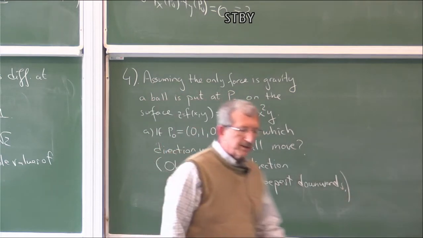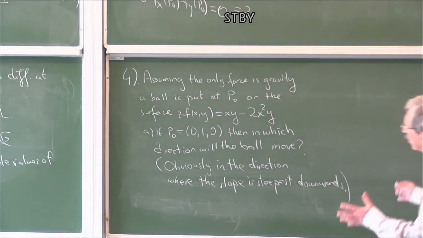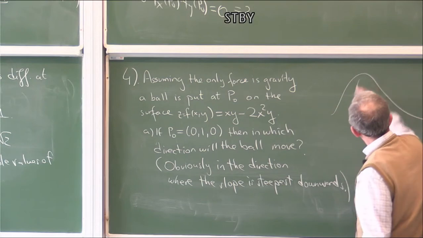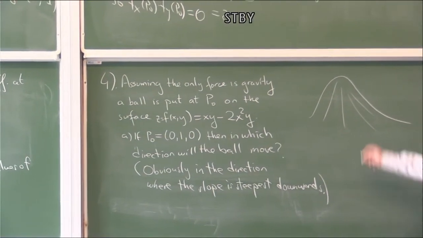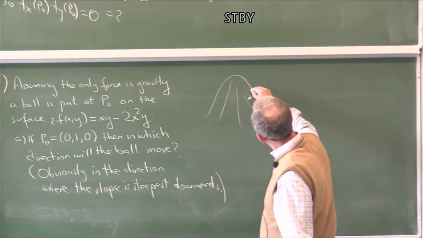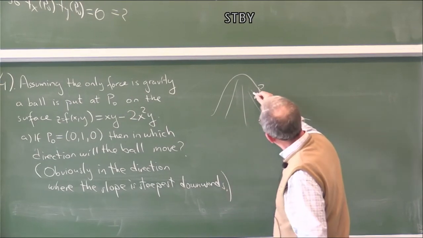Now here, let me make a short comment. What is the geometry here? It's the following. We have a surface, think of it as a hill perhaps. At some point on it, that is our P0, we put a ball.